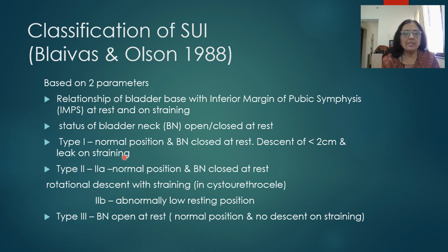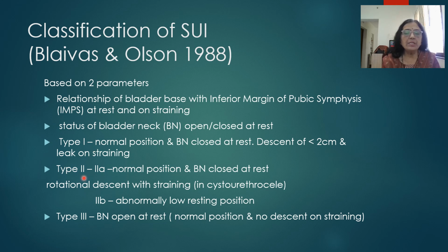So if you do the testing in a normal position as well as repeat testing when the patient is straining, and with straining there is a descent of the bladder base, and with that there is involuntary leakage of urine but the descent is less than 2 centimeters, then it is type 1.